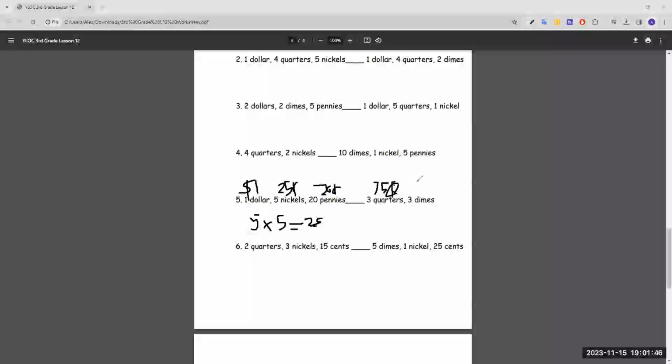And 3 dimes are each 10 cents in value, so that's 10 times 3, which is 30 cents. $1 plus 25 cents plus 20 cents is 1.45. And 75 cents plus 30 cents is $1.05. So the left side is greater than the right side. That means we would use this symbol.